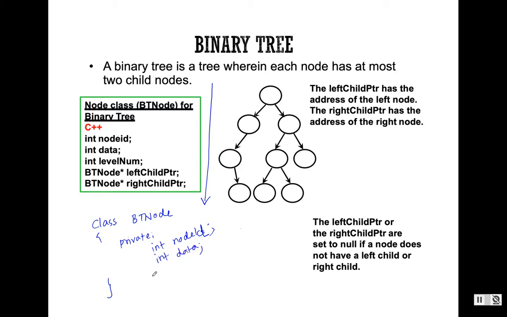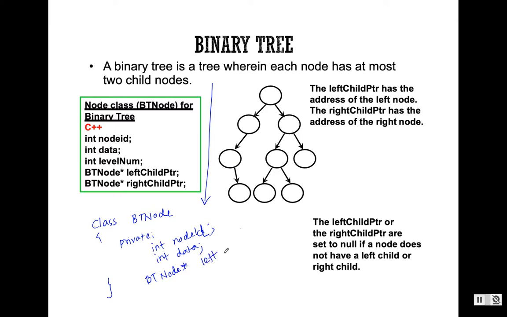Then each node can be connected with at most 2 nodes. So we are going to need a pointer, since one node can be connected with another node of the same data type. So we need a pointer that can point to the same type, BTNode.